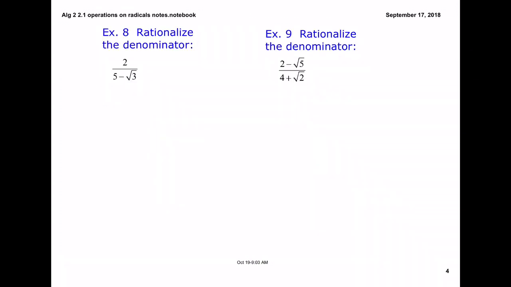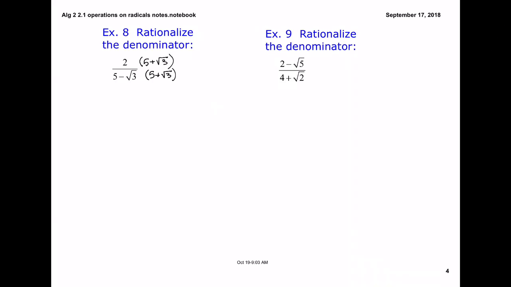Example number 8 says rationalize the denominator. So we need to get the radical out of the denominator. In order to do that, we need to multiply by the conjugate. So the conjugate would be 5 plus radical 3, 5 plus root 3.